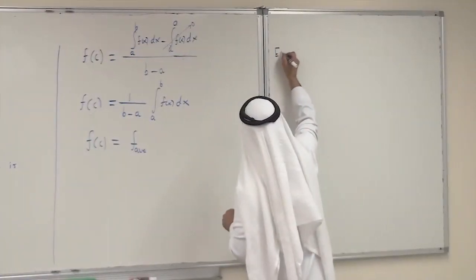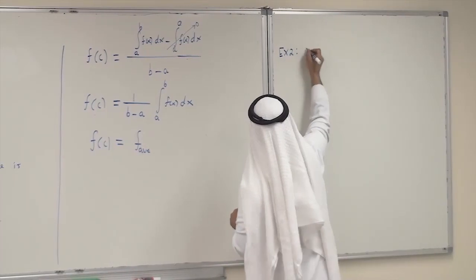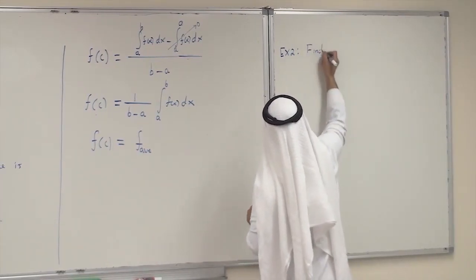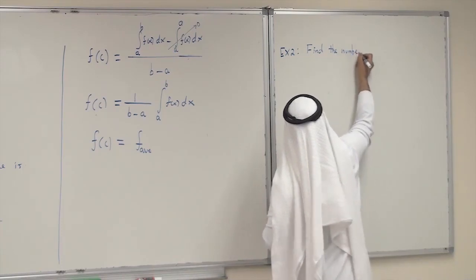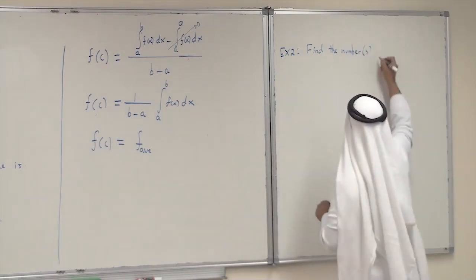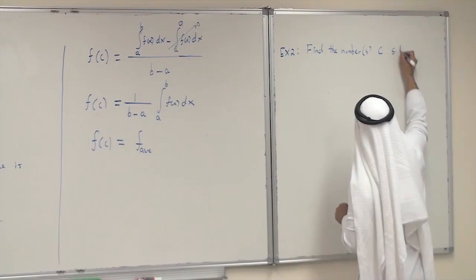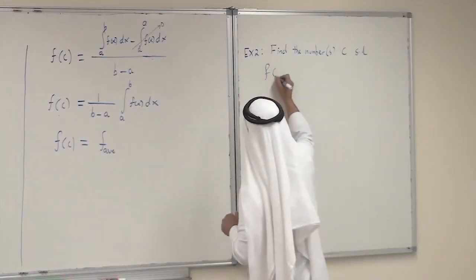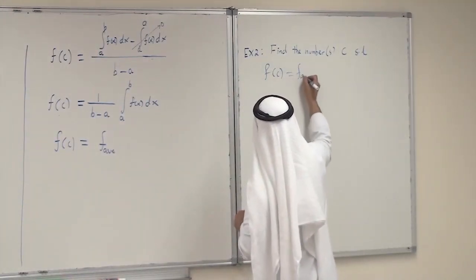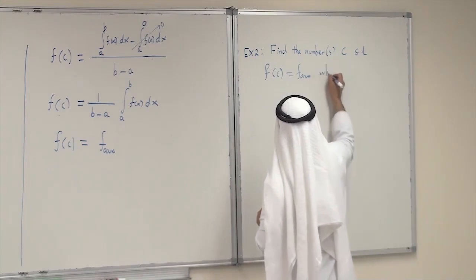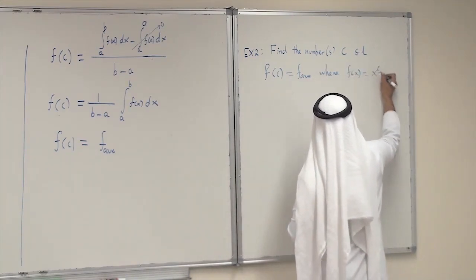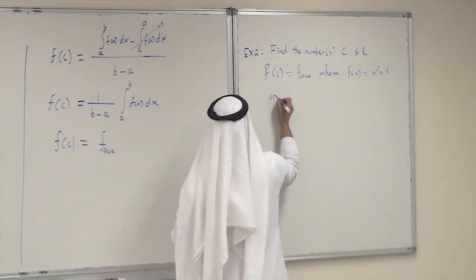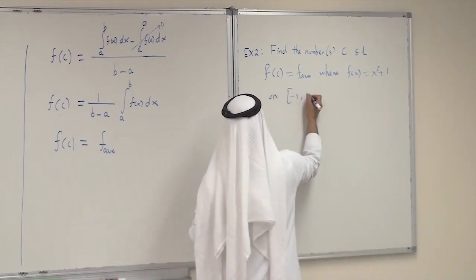So, let us say example number 2 says, find the number C. It could be one number, it could be more than this, C, such that f of C is equal to f average, where we have f of x is just x squared plus 1 on the interval we chose before, minus 1 to 2.